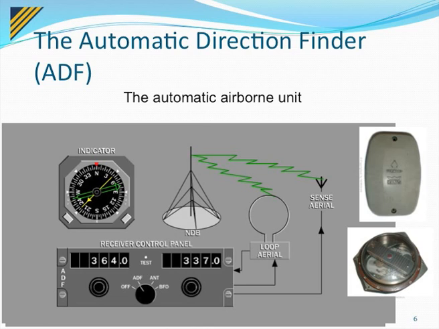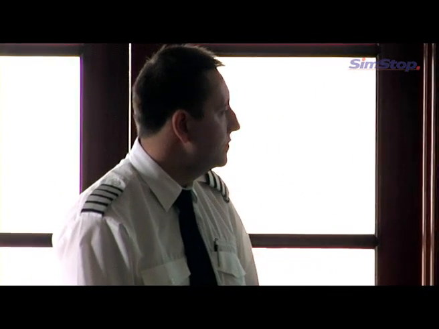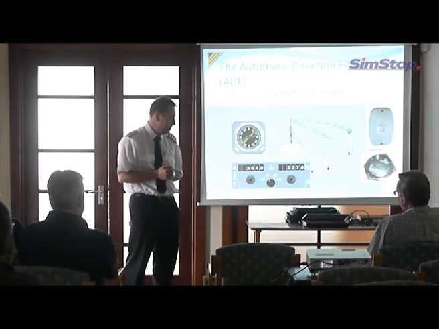The airborne portion, the automatic direction finder, is the automatic airborne unit. And this is used to navigate from one NDB to the next. We can also use it to determine our bearing to and from the NDB, and so therefore plot a line of position on our chart from the NDB that you're tuned to.